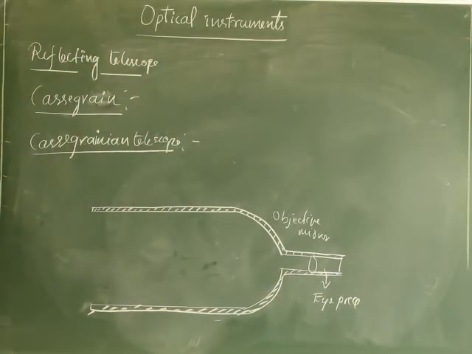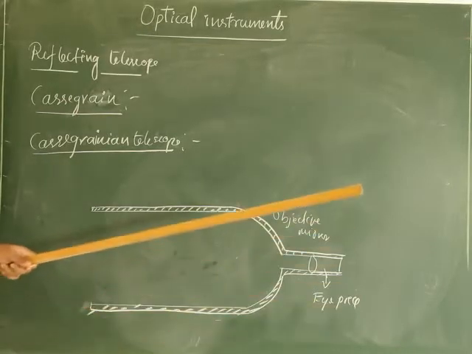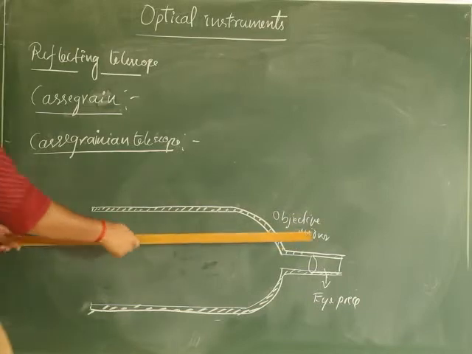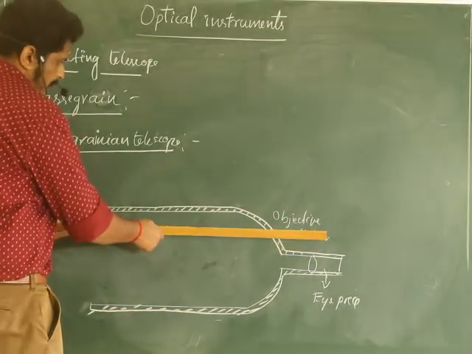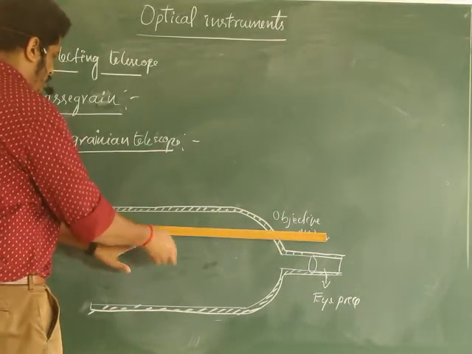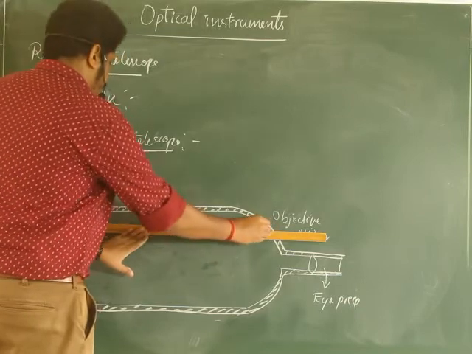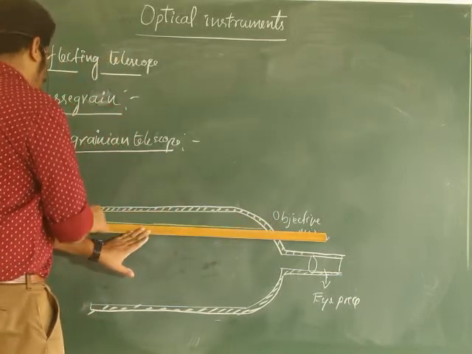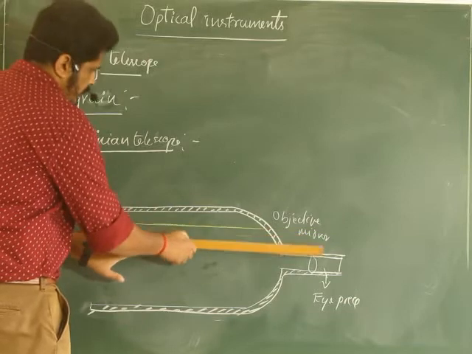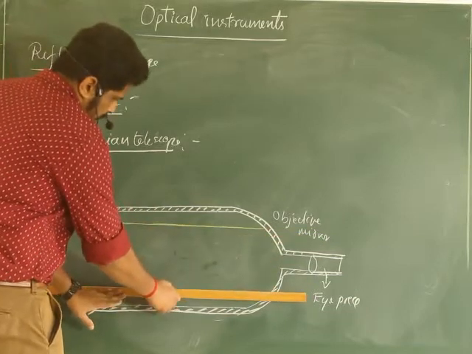Next, let us take rays of light, okay? Different color chalk I will use. So a parallel ray of light, imagine from a faraway galaxy, parallel ray of light is coming like this. Here also I will take a parallel ray of light.